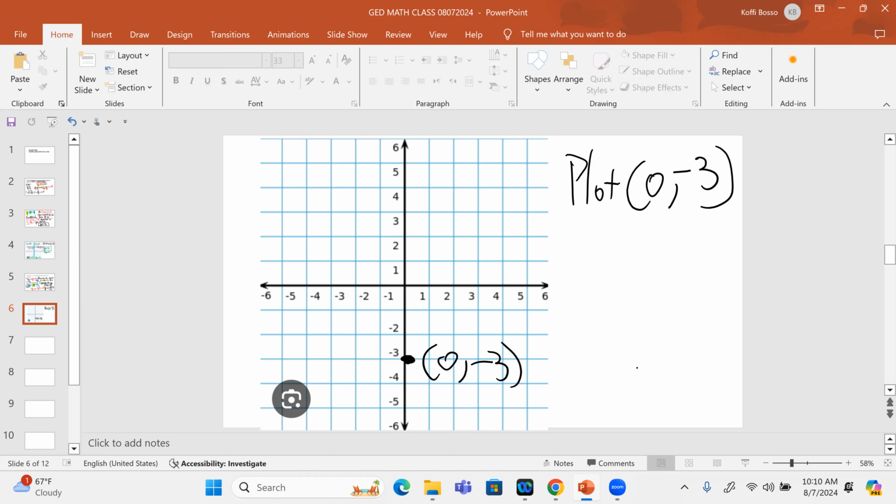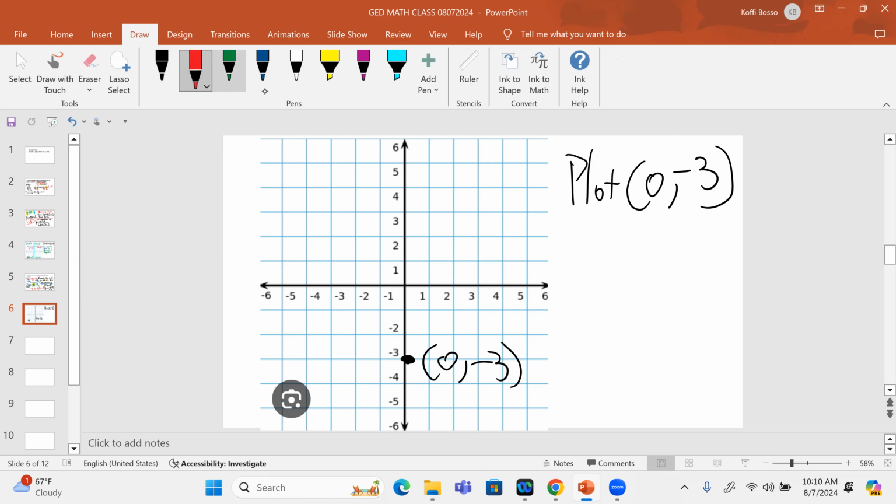When they say y-intercept and we want to plot that, it has to be on the y line. It has to be on the y line. So the y line is this vertical line, the y-axis, and here we have the x-axis. Now, when they ask you for the x-intercept, it has to be on the x line.